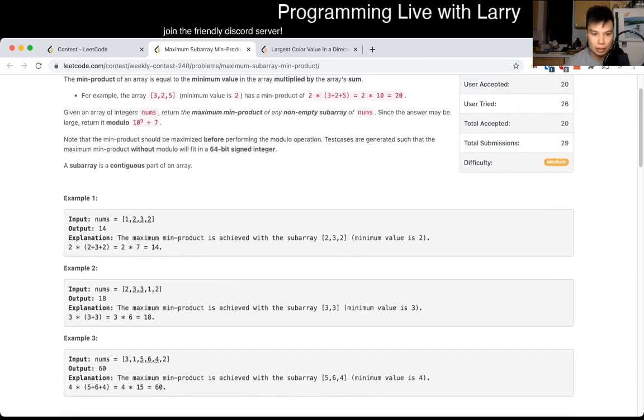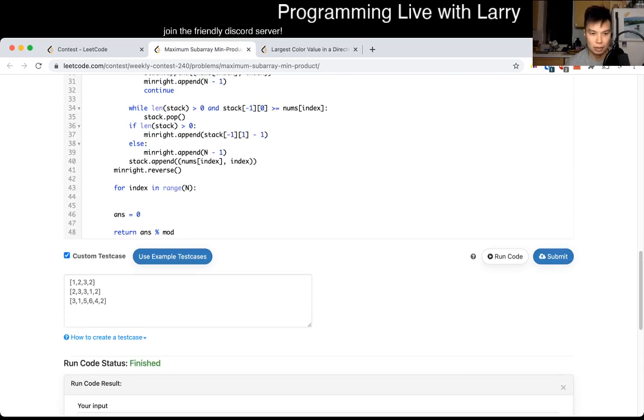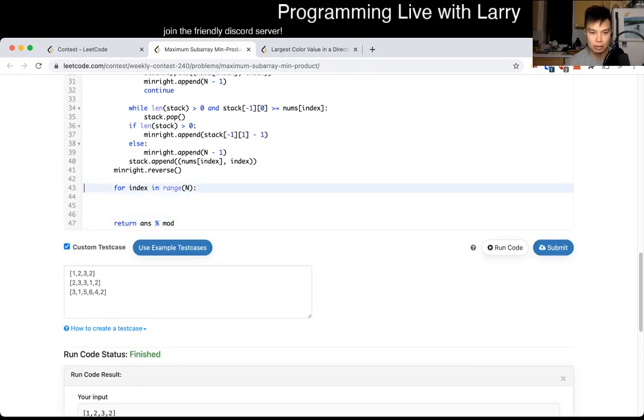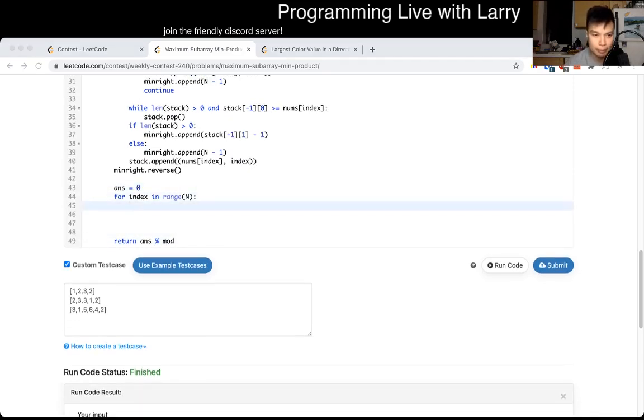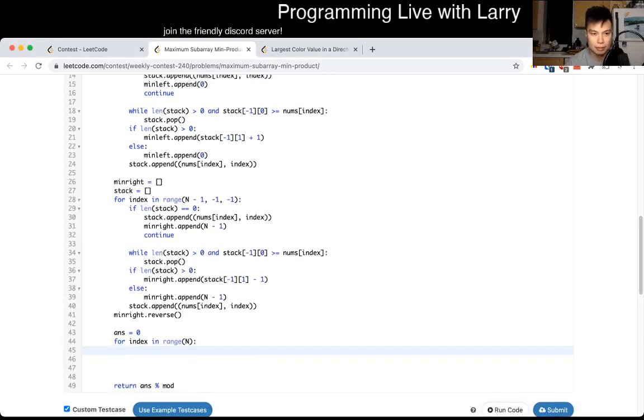Maximum, okay. How do I do the math? Let's see, left index.